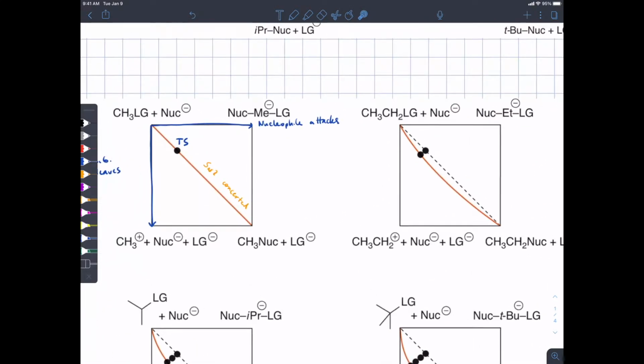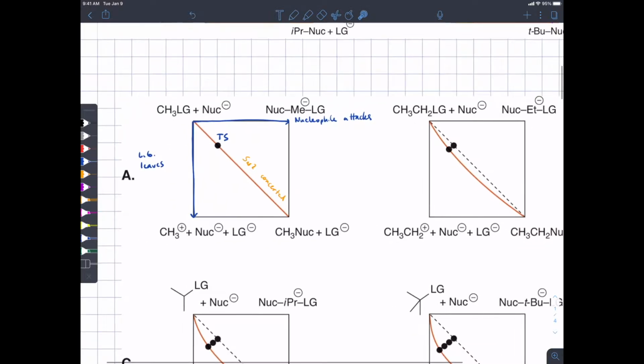We talked about how the pathway from here to here along the y-axis represents leaving group leaves to give you carbocationic intermediate, and then nucleophile would attack, whereas this diagonal pathway would indicate nucleophile comes in at about the same rate that the leaving group leaves.